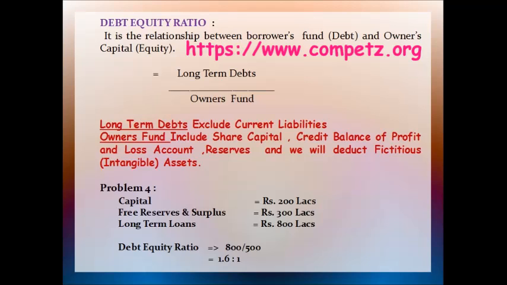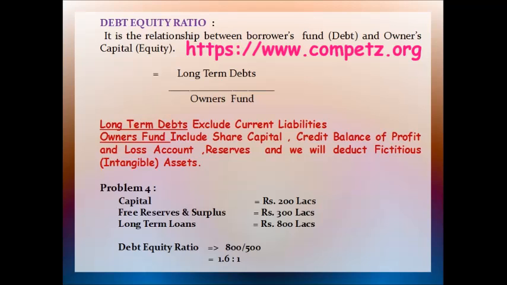Why I spoke about the formula: assume that shareholders funds means your equity, which includes all your equity capital and reserves. Share capital plus reserves and surplus plus money received against share warrants all come under shareholders funds. Share capital means your equity share capital and preference share capital, both are included.